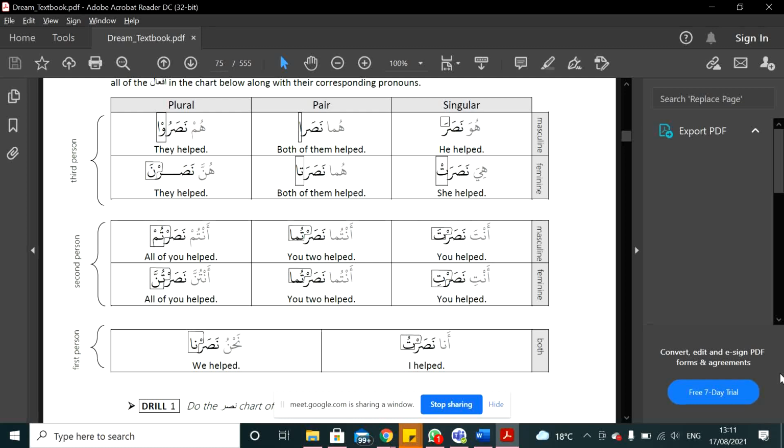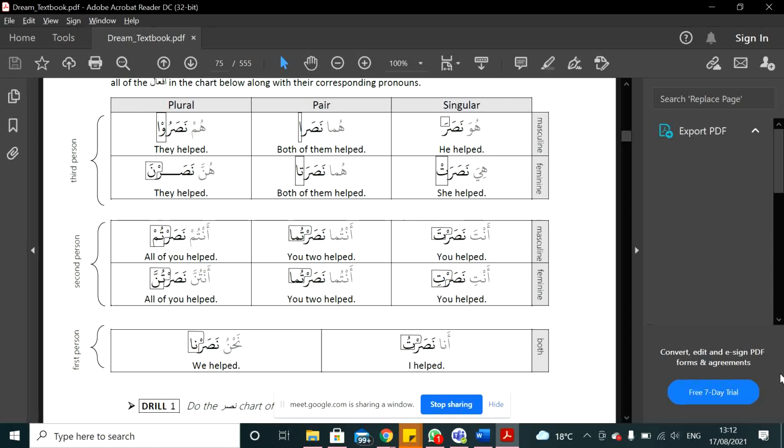Huwa nasara, huma nasara, hum nasaru, hiya nasarat, huma nasarata, hunna nasarna.